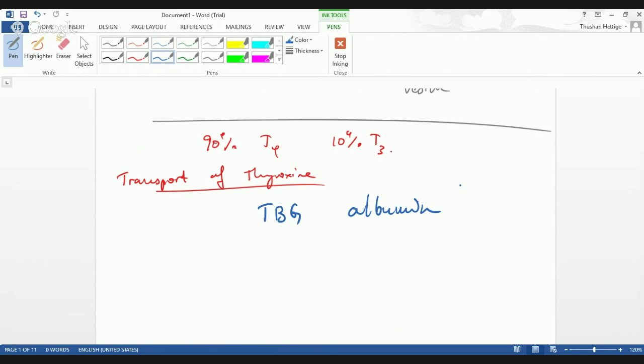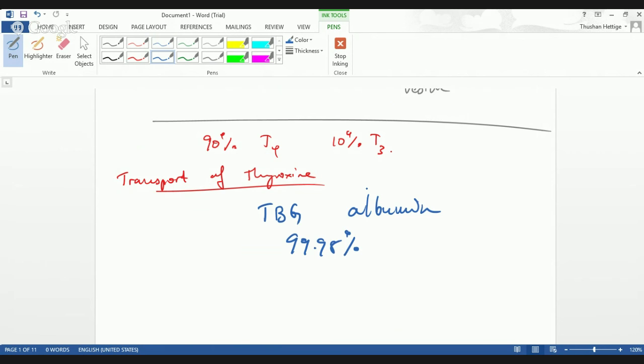Now, most of the thyroxine, about 99.98%, is bound to protein. So you could imagine that the half-life of this hormone would be pretty high. The half-life is about 8 days for T4 and about 1 day for T3.